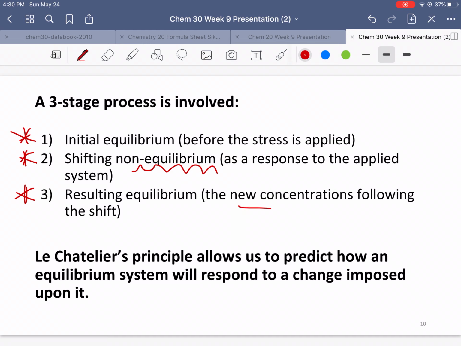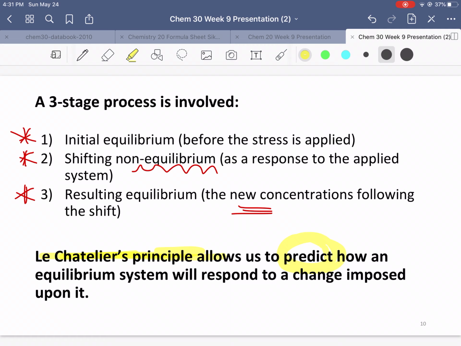It's the result. So in turn, a new equilibrium will mean new concentrations for each of your products and your reactants. Now, these are going to be proportionate still with each other, but it will still be a shift. Now, ultimately, the great thing about Le Chatelier's principle is it lets us make predictions about how systems will respond to different stresses put upon it.